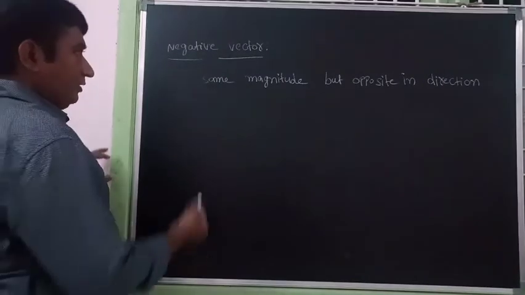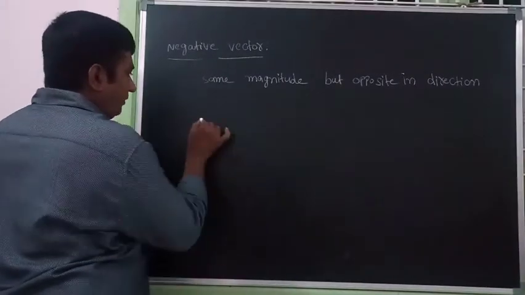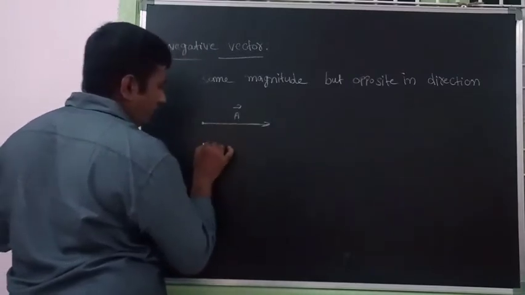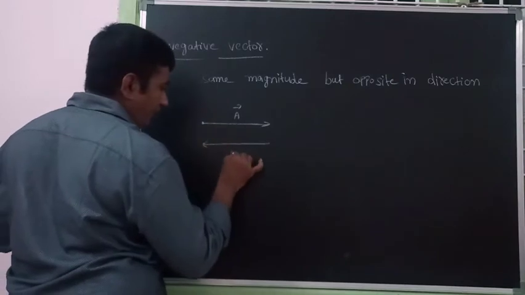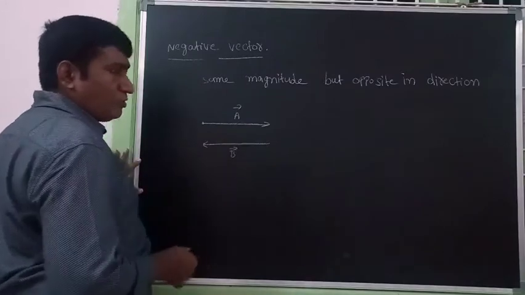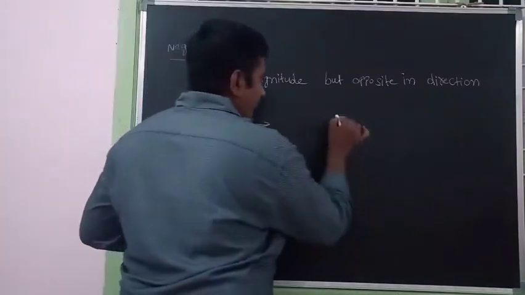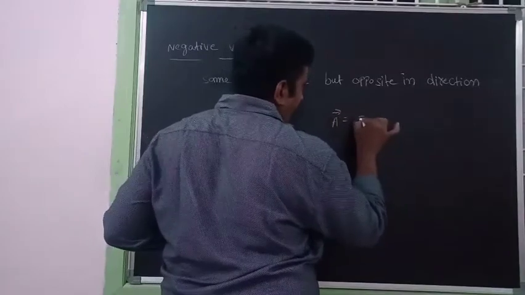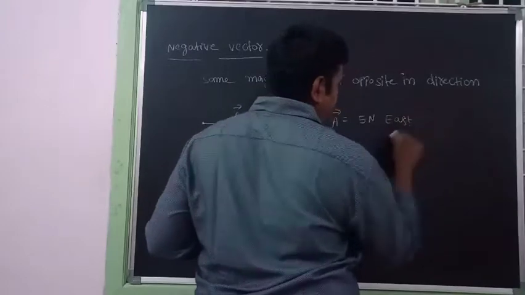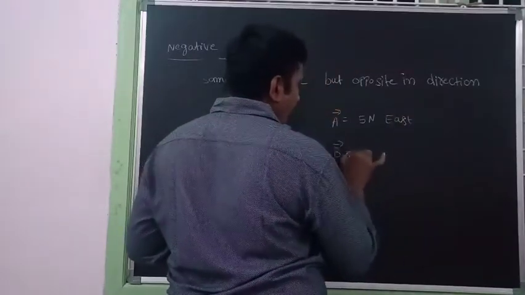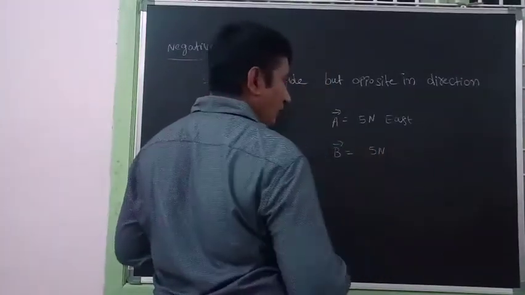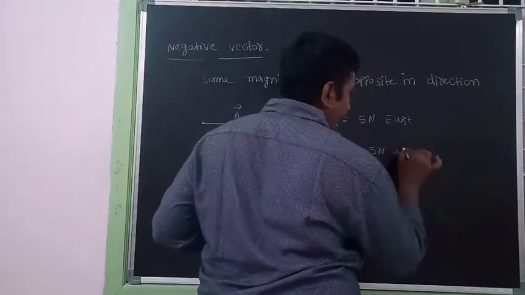How can we tell this? If two vectors are compared, one vector A and another vector B, I can take it in a simple manner like this. Even if you want to compare two or more, it can be told. For example, vector A is equal to 5 newtons towards east, and vector B is equal to minus 5 newtons, or we can say 5 newtons towards west.